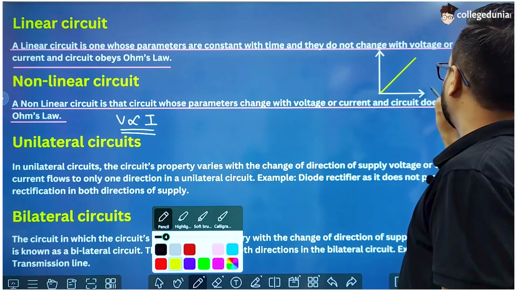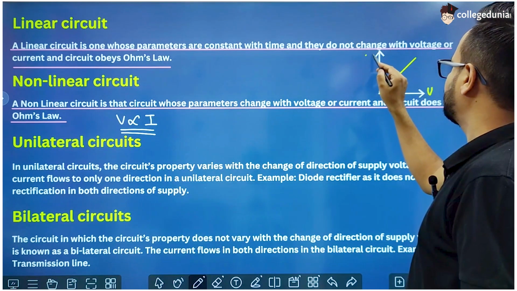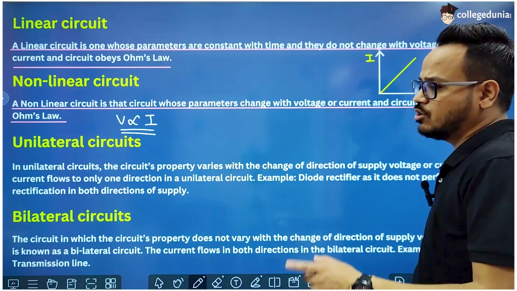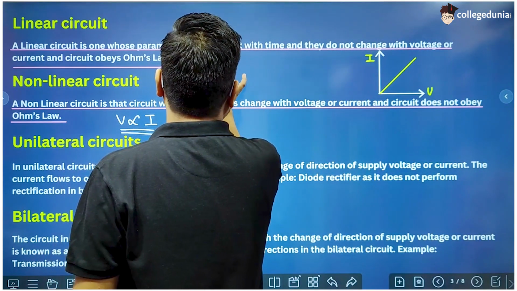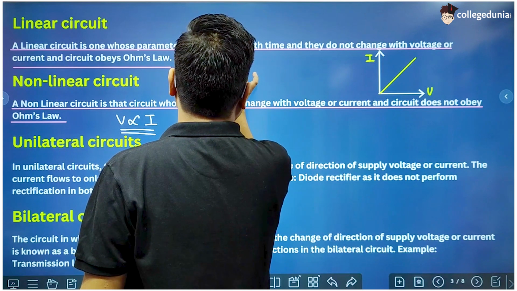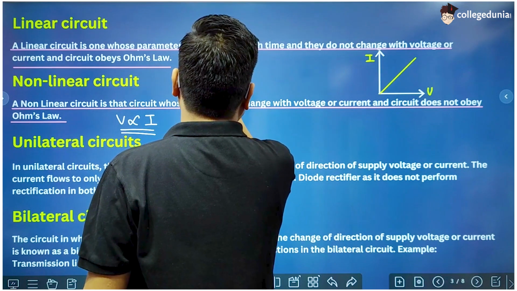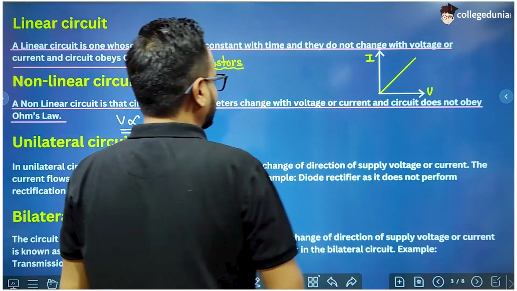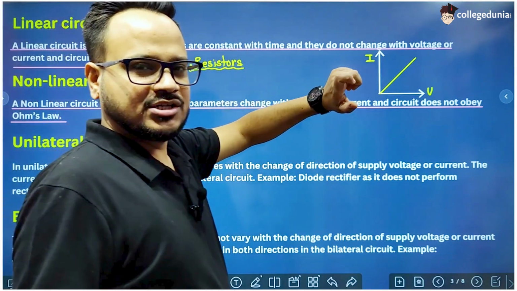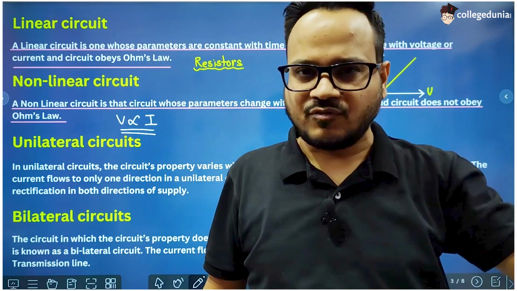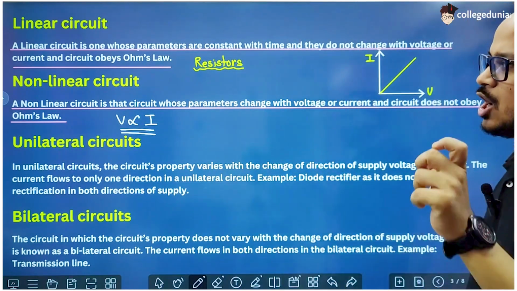Let us say this is V and this is I. So we get a straight line for VI graph because the Ohm's law is obeyed. For example, any circuit containing resistors obeys Ohm's law, and voltage across the components or the resistances of the components always remain constant.